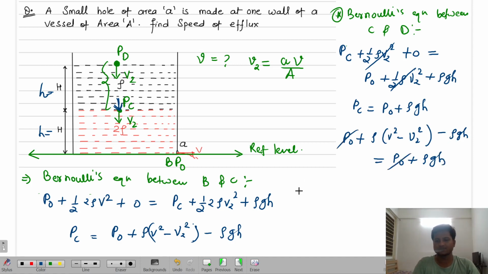P naught got cancelled, so V square minus V2 square is equal to twice rho GH. Rho will also get cancelled now, so twice GH. Are you able to get me or not? Is that clear?